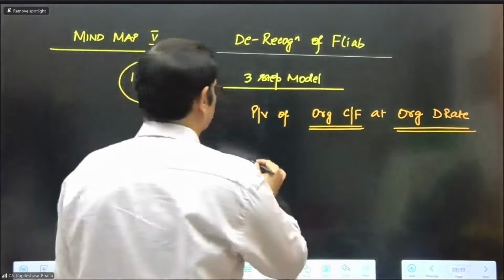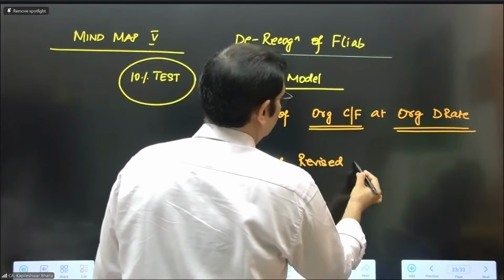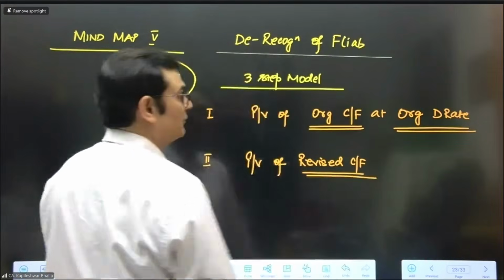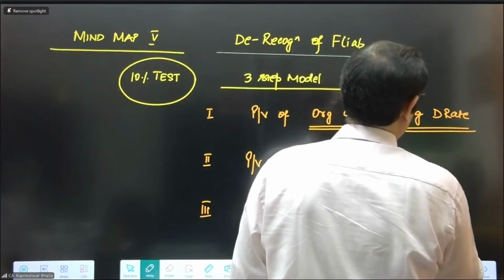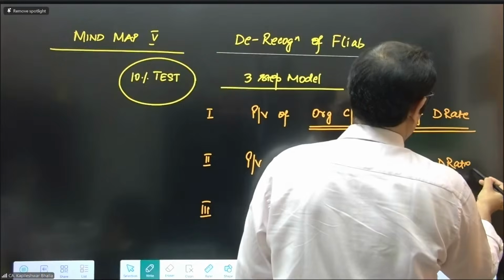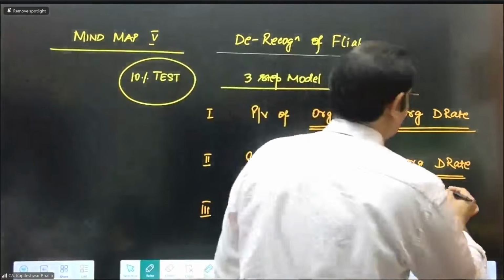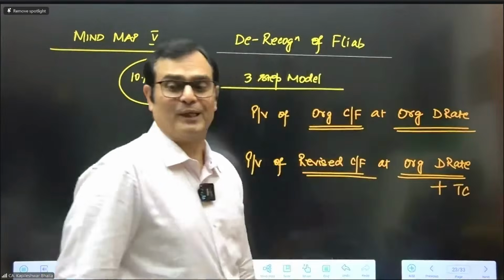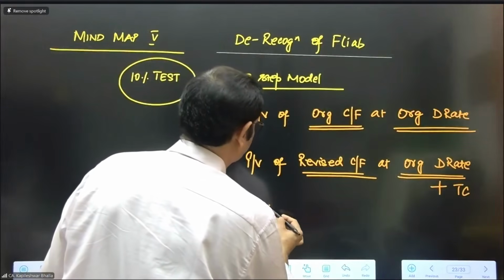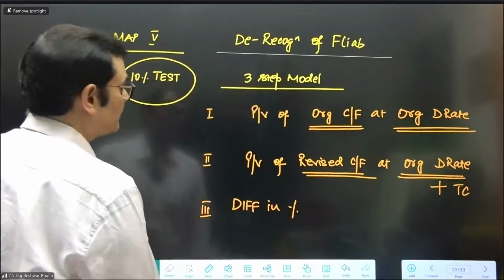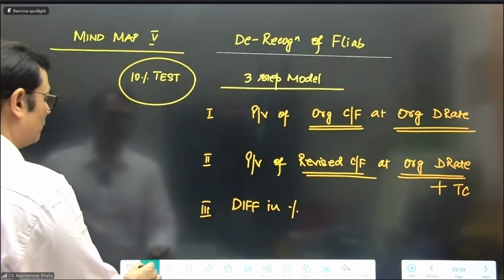And then you need to consider the present value of the revised cash flows at the original discount rate. In this case, you also add the element of transaction cost as well. Then you take the difference in terms of percentage, the difference between 2 minus 1 as a percentage of 1.